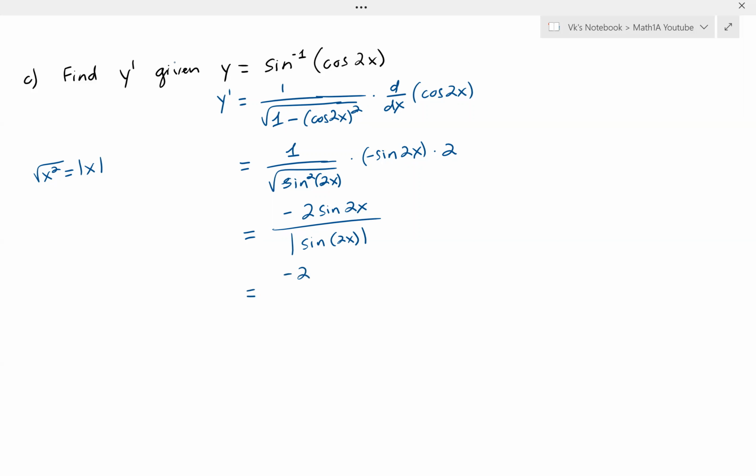So we have negative 2 sine 2x over absolute value of sine 2x, which is 2 sine x cosine x. Well, 2 is a positive number. We can take it outside. We have 2 sine 2x over 2 absolute value of sine x, absolute value of cosine x.